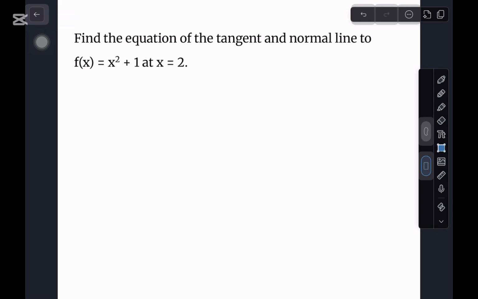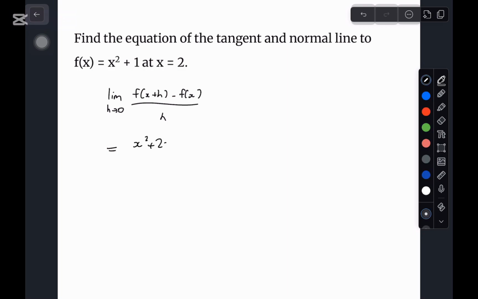This question says to find the tangent and normal equation at the point x equals 2 for this function. So how do we do that? We use first principles, f of x plus h minus f of x divided by h. So we get x squared plus 2xh plus h squared plus 1 minus x squared plus 1, divided by h, and we've got the limit as h tends to 0.